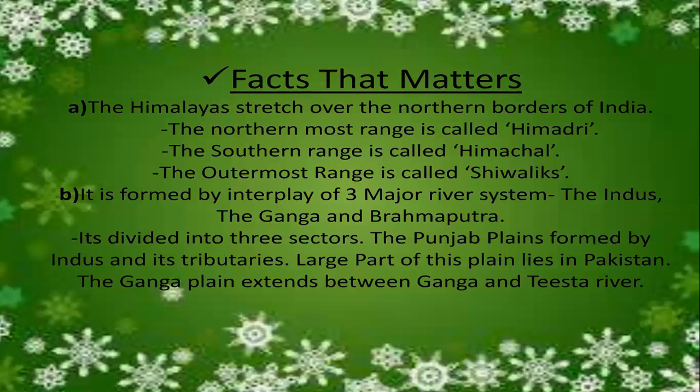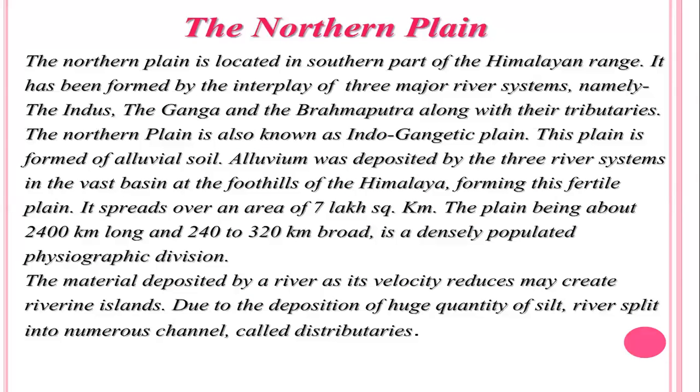The Punjab plain formed by the Indus and its tributaries. A large part of this plain lies in Pakistan, and the Ganga plain extends between Ganga and the Teesta River. Next comes the northern plain. The northern plain is formed due to an interplay of three major river systems.